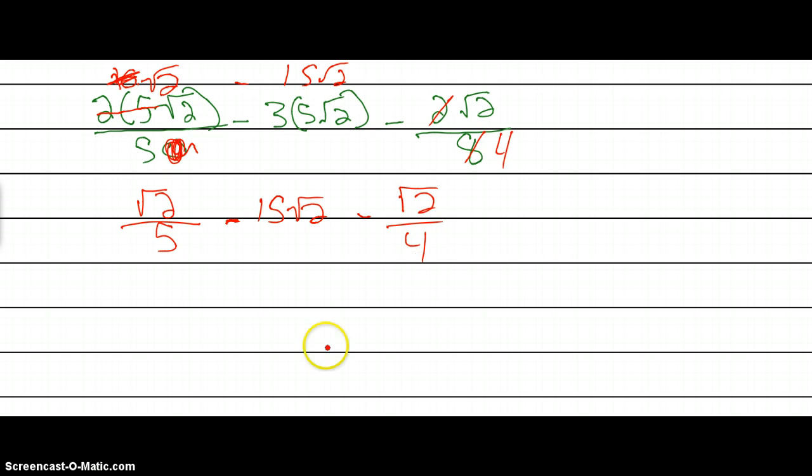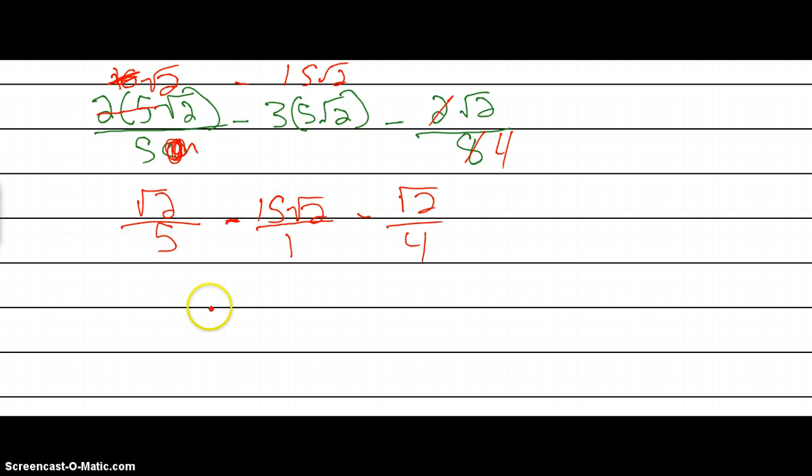So now all these are in square root of 2's, so now we can combine these. But now we need a common denominator. We have 5, we have 1, so remember this is over 1, and 4. So what's the common denominator between 5, 1, and 4? The least common is 20, because 5 times 4 is 20.